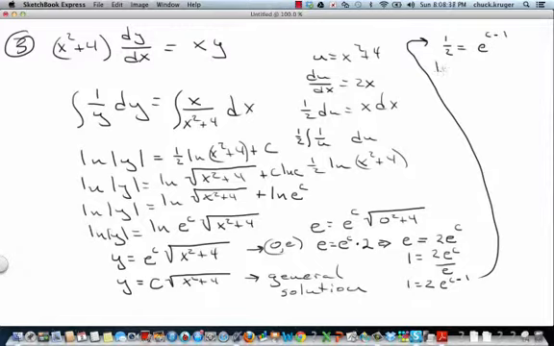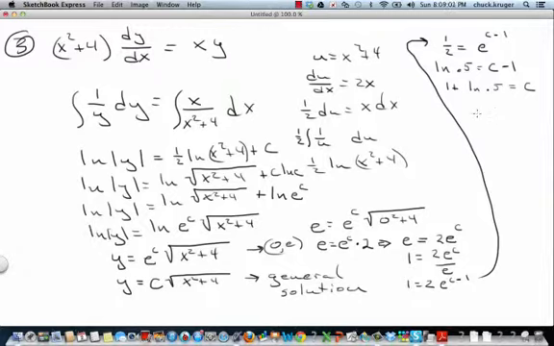So that means the ln of 0.5 is equal to c minus 1. So 1 plus the ln of 0.5 is equal to c.